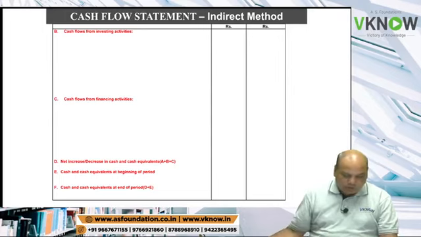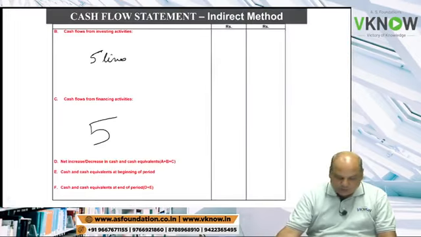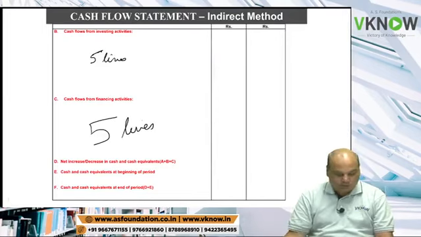Keep 5 lines blank. Cash flow from financing activity, keep 5 lines blank. Approximately you have to keep blank.